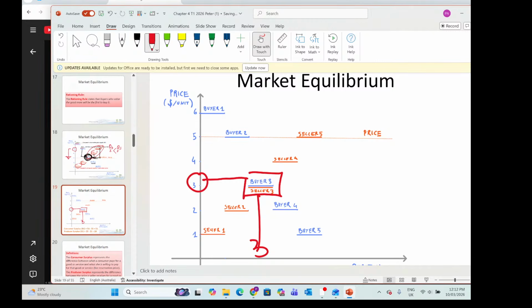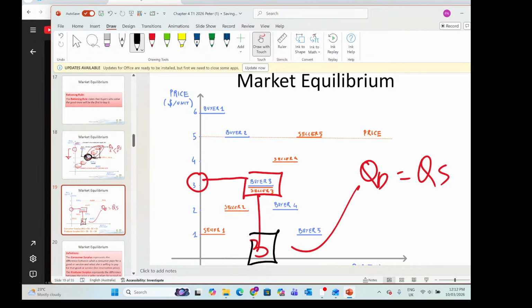So at the equilibrium, quantity demanded equals the quantity supplied. And not only that, at quantity 3, the price of the seller is equal to the price of the demander. So that's what's going on at equilibrium.